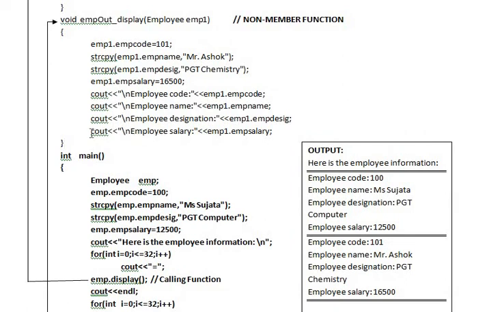Then the last statement inside the function body of the non-member function EMP out display is going to print the text employee salary along with the value of the data member EMP salary belonging to the object EMP1, which is nothing but 16,500 as indicated here. So it's employee salary 16,500 that is going to be printed in the output.